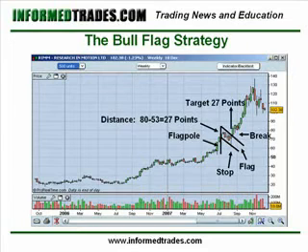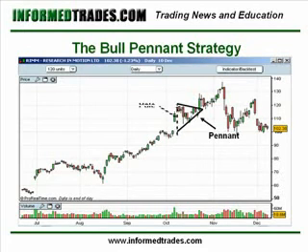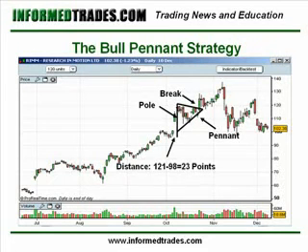The strategy for trading the bull pennant is exactly the same as trading the bull flag, with one exception, and that's where the stop is placed. So let's look at this. We have our pennant here. Same thing as far as we're looking for a break of the upper line of the pennant, just like we did with the flag. Then we look for the distance between the high point of the move up and the low point, and we subtract the low point from the high point.